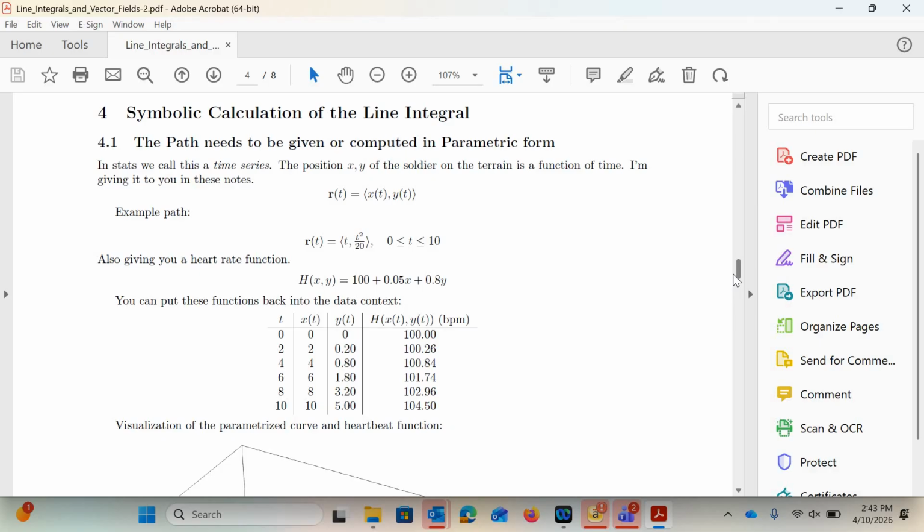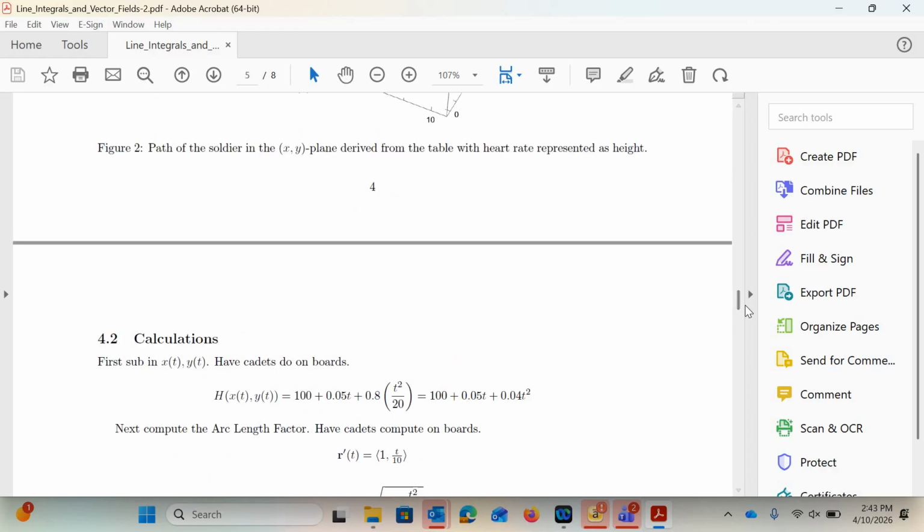Well, you take the t value and you plug in the r of t, and then you get the values for x and y and plug it in. Perfect answer. So this thing here came from taking that x of t, which was t, substituting it in, the y of t, which was t squared over 20, plugging that in for y, and you'll get this formula.